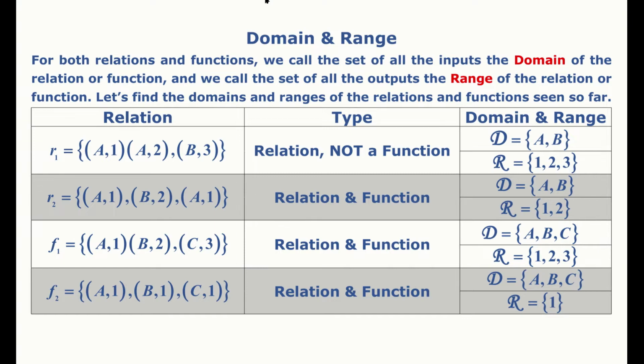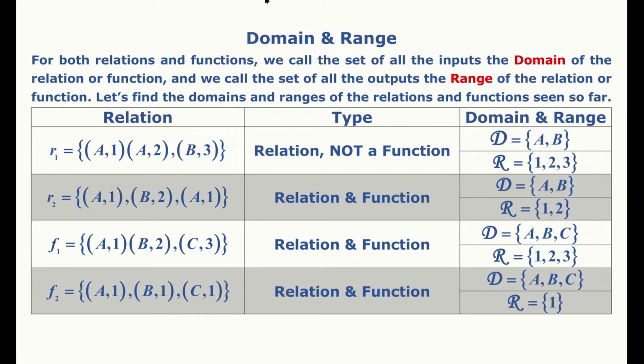How about this one? A is being sent to 1, B is being sent to 2, A is being sent to 1 again. So if you recall, this is the one that kind of looks like it may not be a function, but it actually is. We've already seen these examples. We just want to write their domains and ranges now.